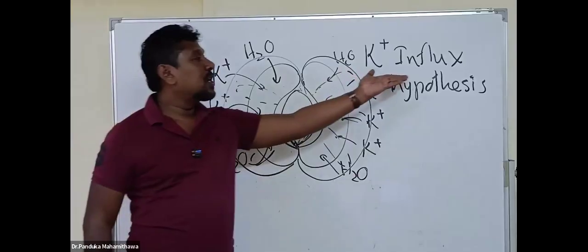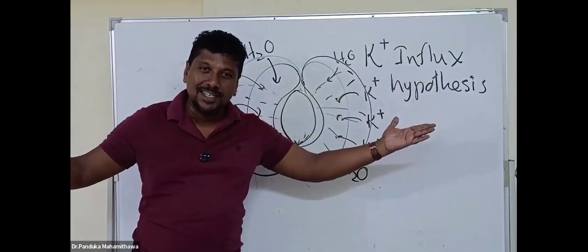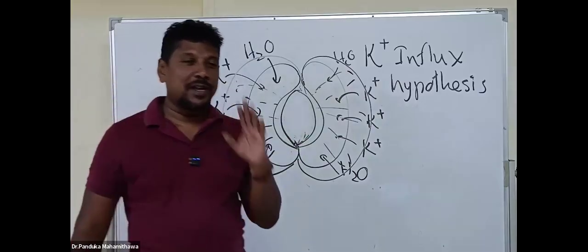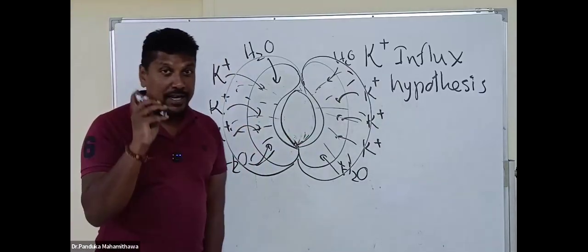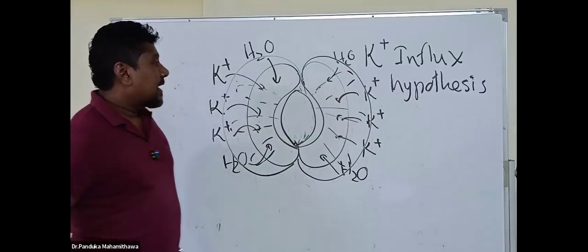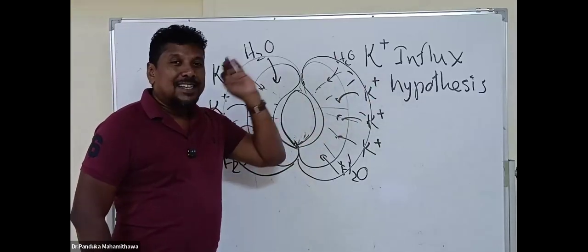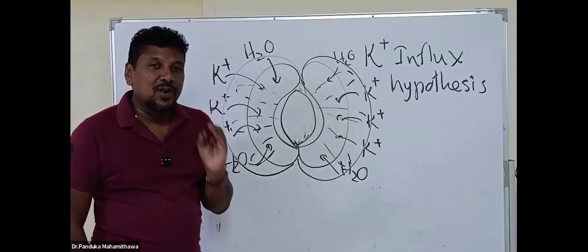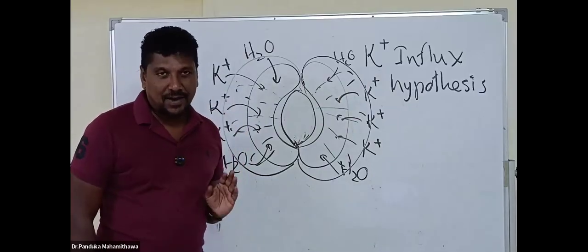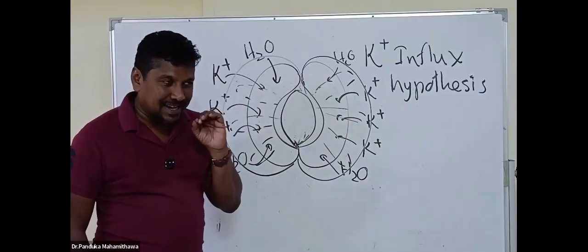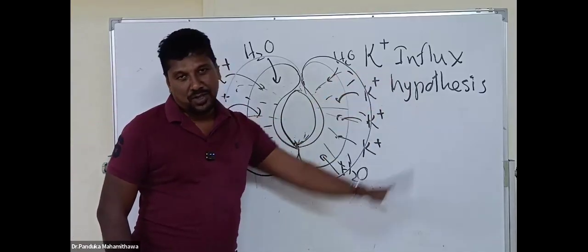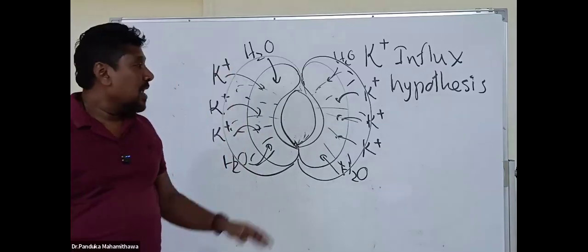This is called the potassium influx hypothesis. Very easy. Understood? Again, I will tell you the summary. Understand very clearly in the class. What we are explaining is the stomatal opening and closing, the mechanism behind that. One hypothesis that explains it is the potassium influx hypothesis. So what happens in the morning?